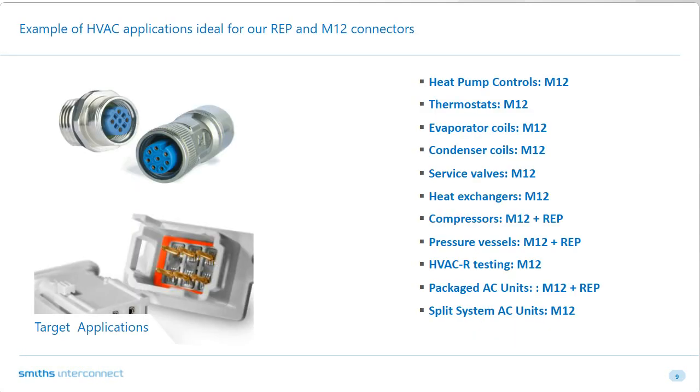Now, given the application that we are talking about, we could have picked up a lot of different products from our portfolio. But over the next few slides, I'm really going to labor on a couple of different products, M12 and REP. And the list that you see here on the right is just a simple articulation of where some of these products can go.